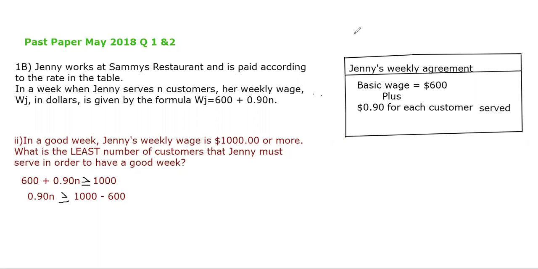Don't mind my sign, I know it won't be perfect, so just get the essence of what I'm saying. That would make this 0.90n greater than or equal to 400.